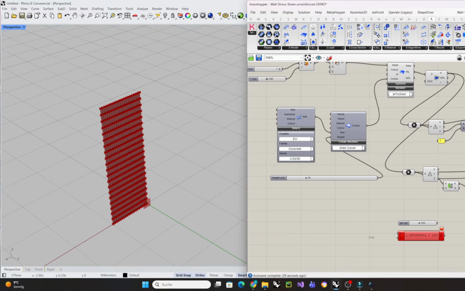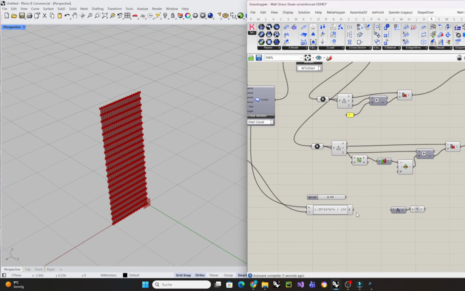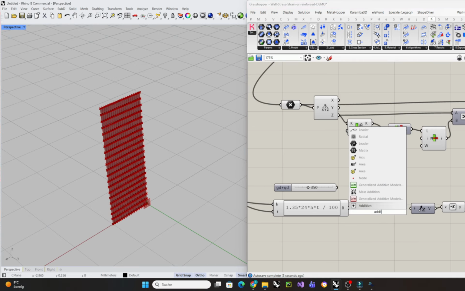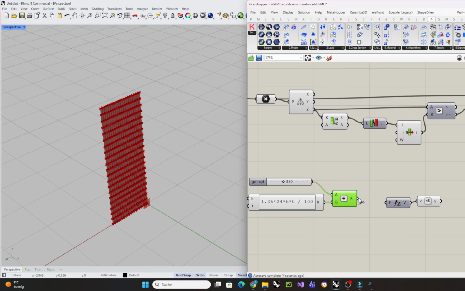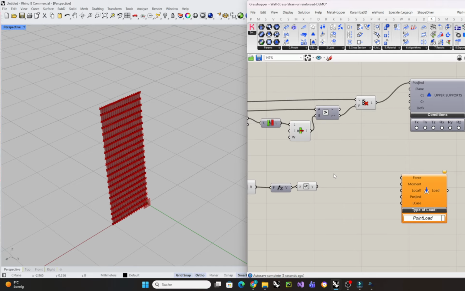Getting the thickness of the wall, which is going to be T, and the height of the wall. I'm just adding the both values and connecting to my unit Z.